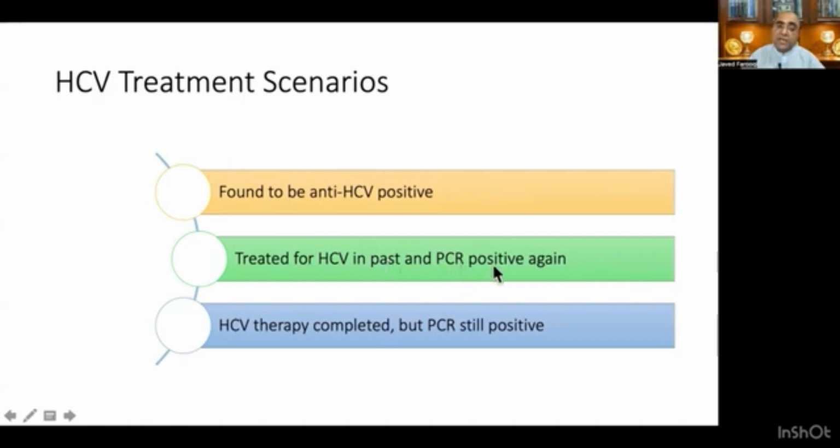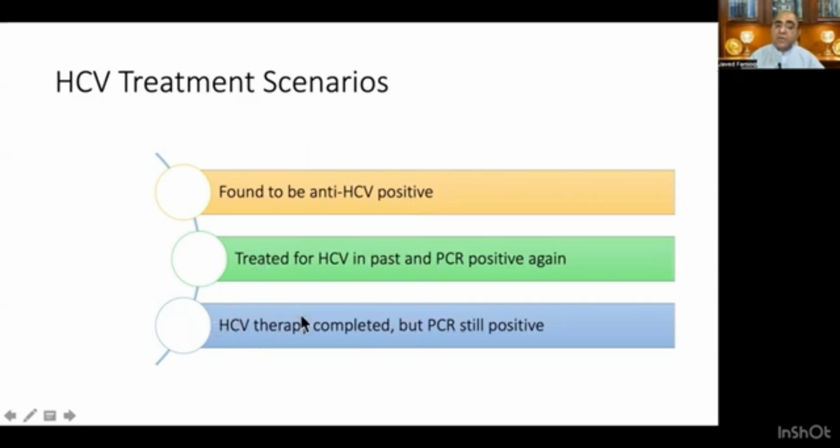This may be another scenario. The patient says that I was treated for hepatitis C a year ago or a couple of years ago, and my PCR was negative, but I have done my PCR and it is positive. Or I don't know what the response was at that time, but when I checked, my PCR is positive. So this is the second scenario.